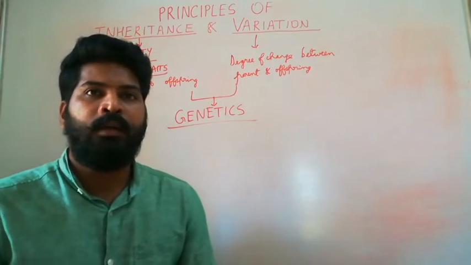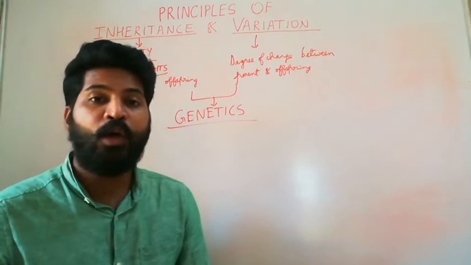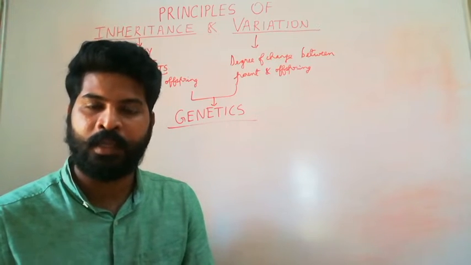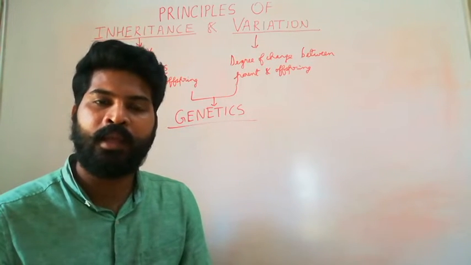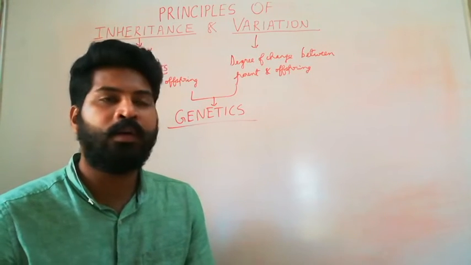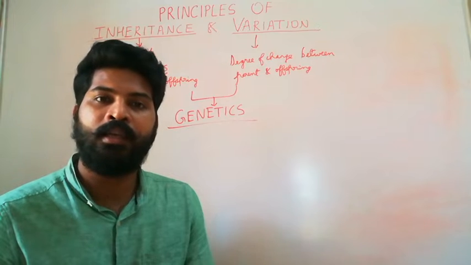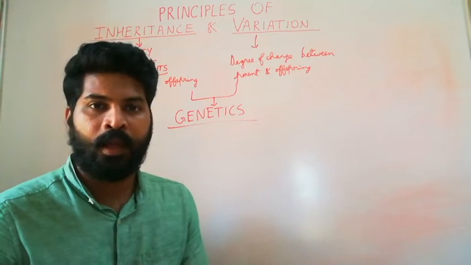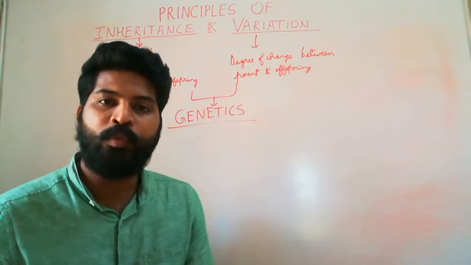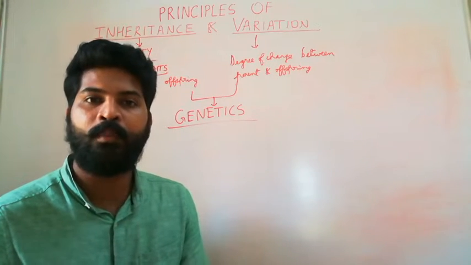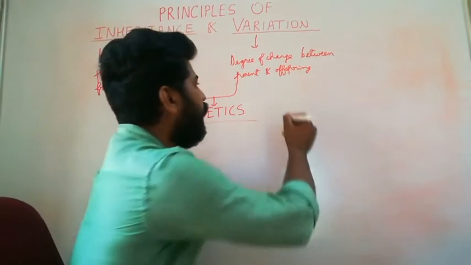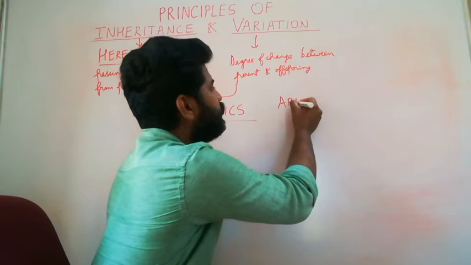But our ancestors had no idea about genes or chromosomes. Still, they practiced genetics unknowingly. For example, around 8000 to 1000 BC, our Indians developed new breeds of cows from wild cows with the help of artificial hybridization.